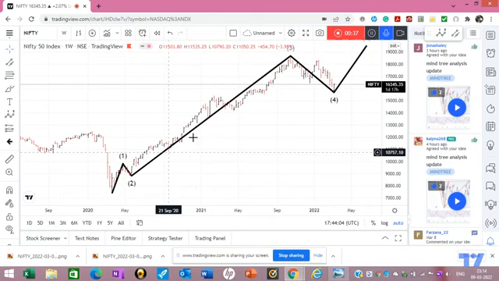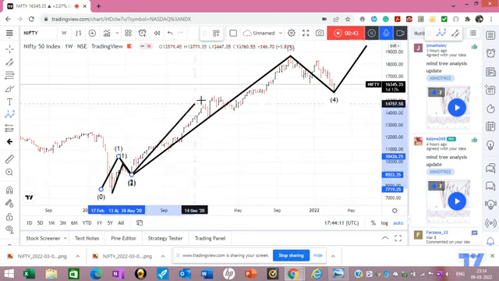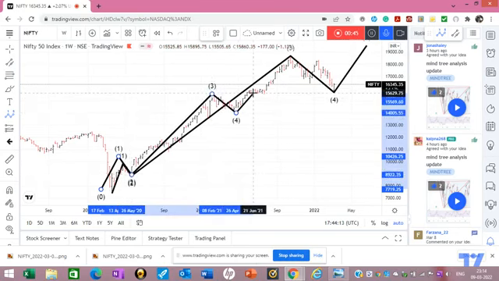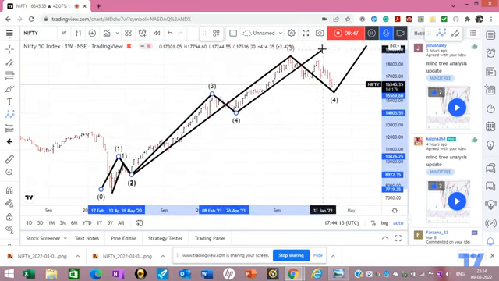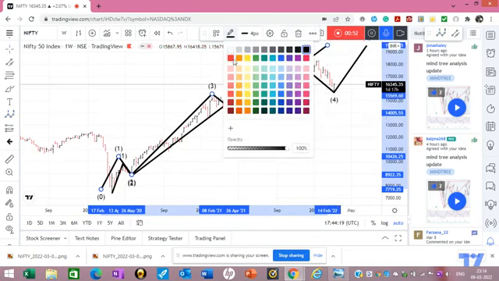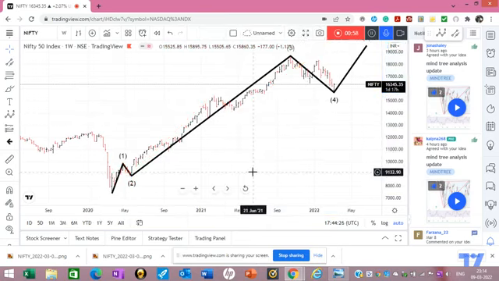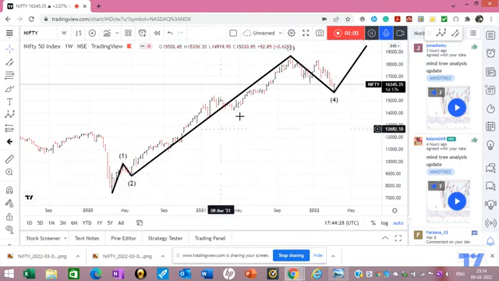I had marked this whole wave as a wave 3. I was expecting a wave 5 like this. This is what I had marked earlier. But now I am taking this whole wave as a third wave.